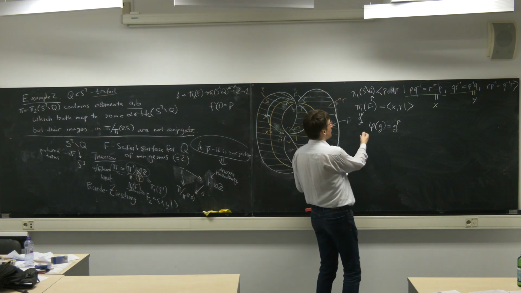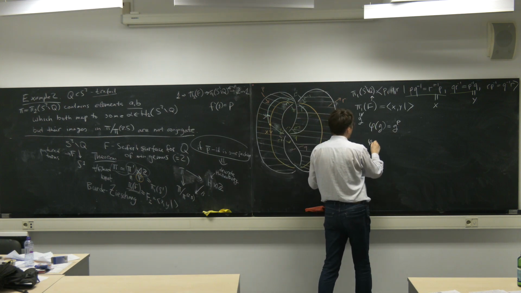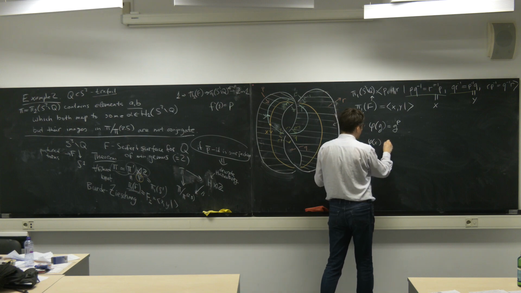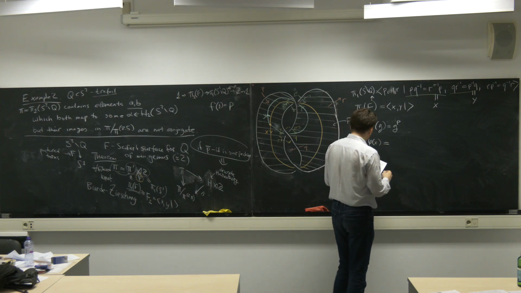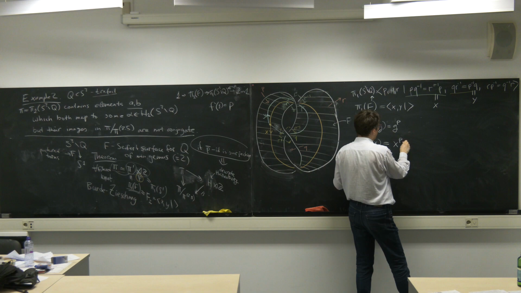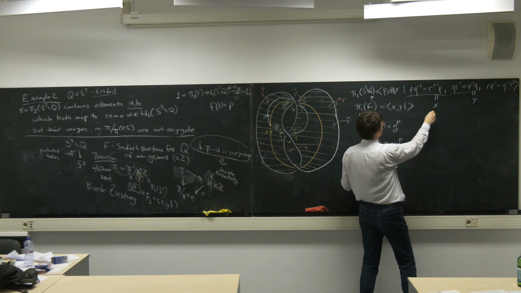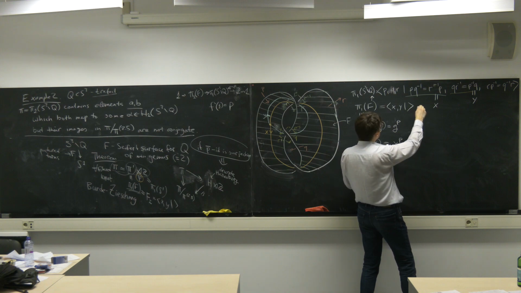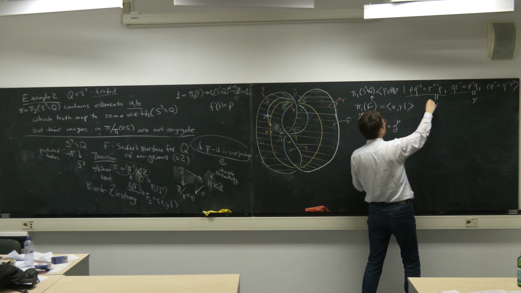So let's compute it on generators. Phi of x is x conjugated by P, and x is this, but let us use this relation.